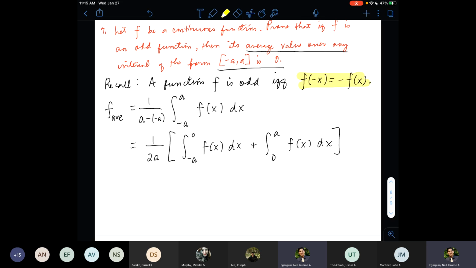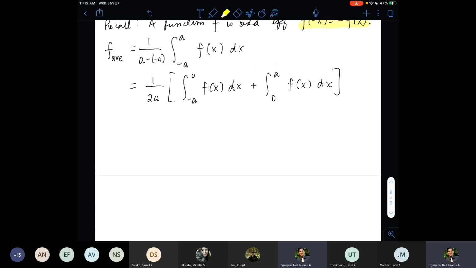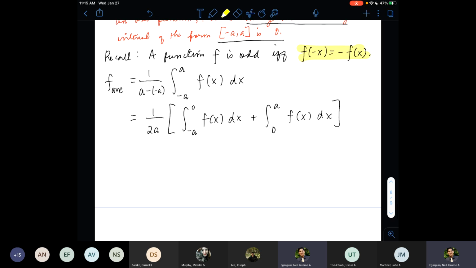And then maybe I can do it this way. So note that, how do I want to do this? Maybe I'll use the same trick as what I used last time. So I look at one of the intervals.